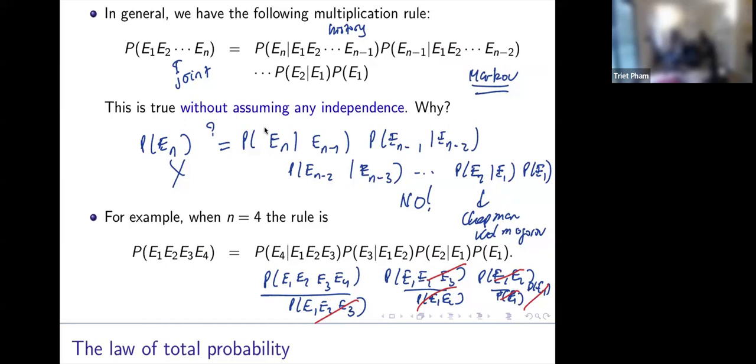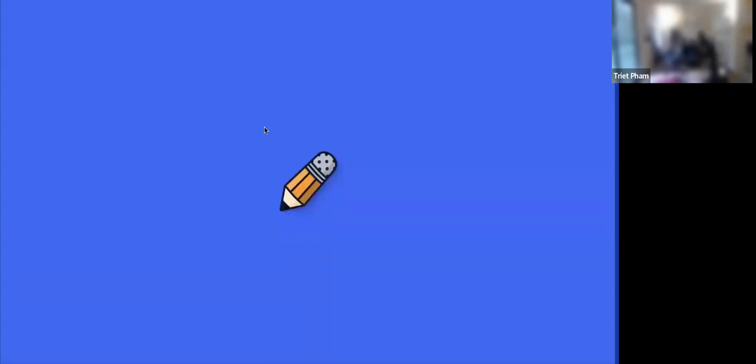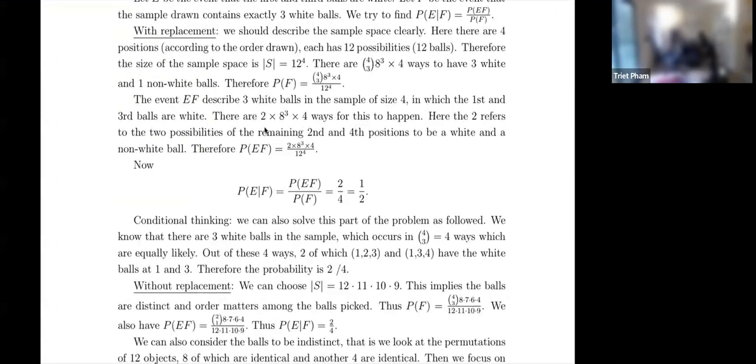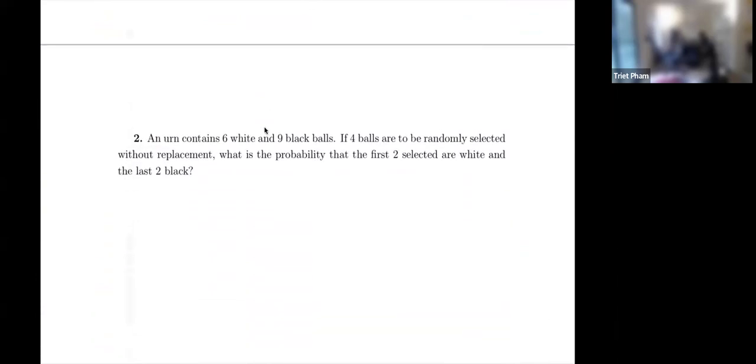All right, so let's finish problem set 4 by going back and picking up the problems that would use the multiplication rule. For example, this one. Let's take a look.